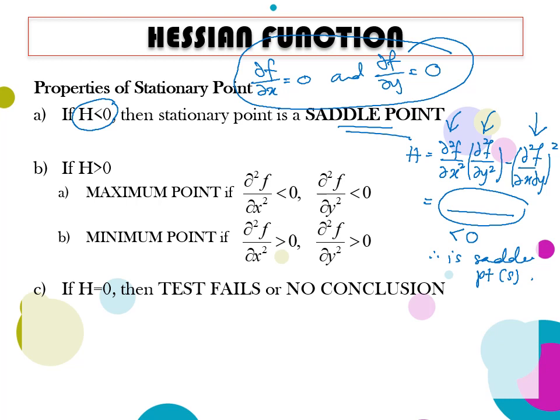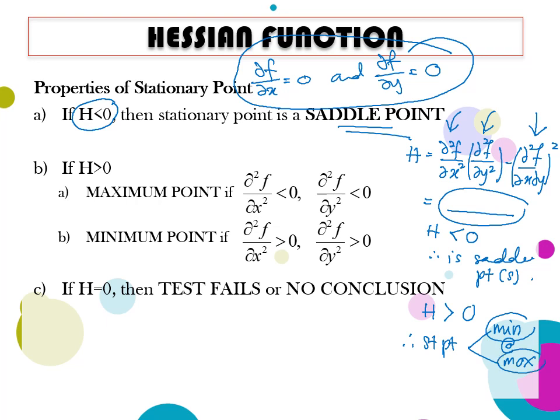If your Hessian is greater than 0, your stationary point has two possible conclusions: it is either a minimum or a maximum. It cannot be both.